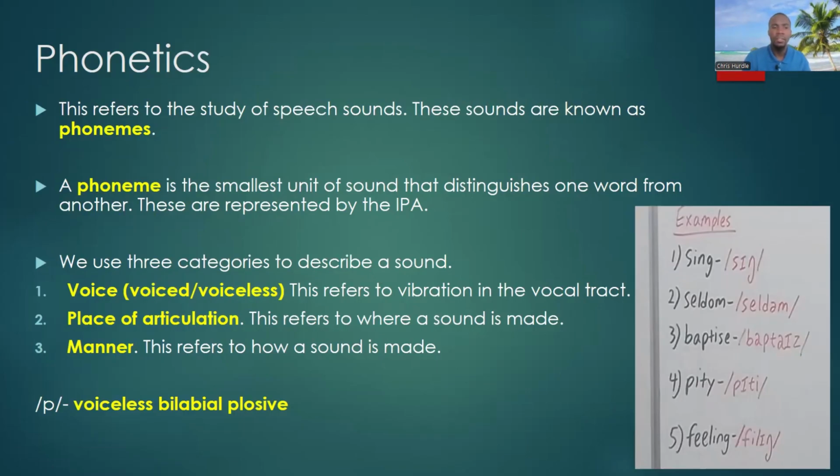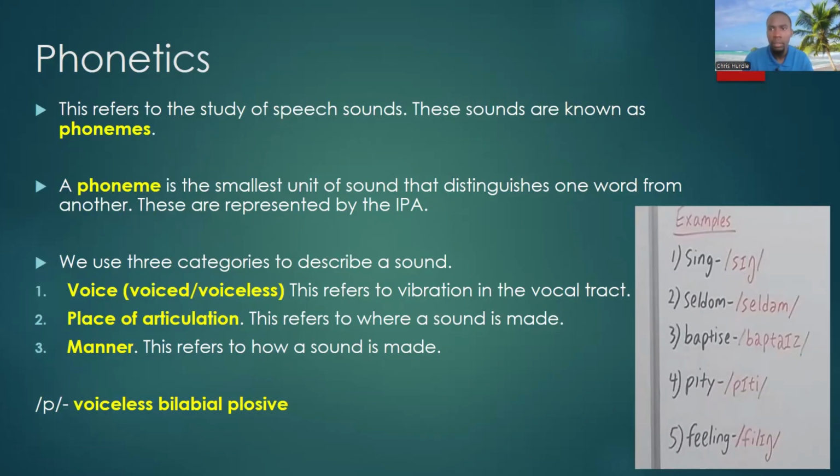So let's look at the phoneme P, right? P is voiceless because there isn't any vibration in the vocal tract when you produce that sound. It is produced with the lips, so it is bilabial, that means with both lips.